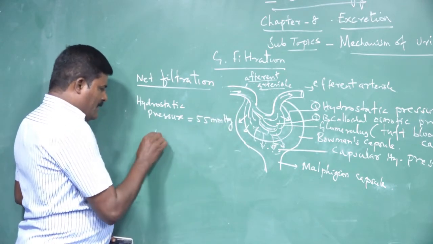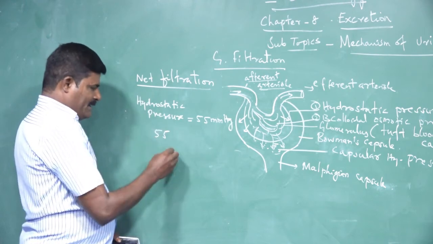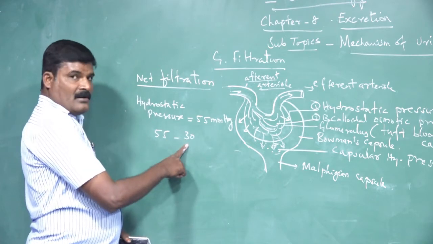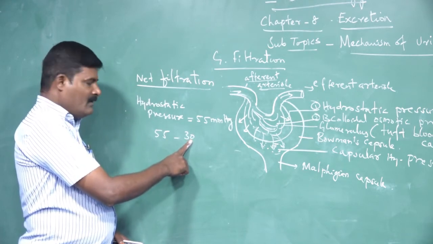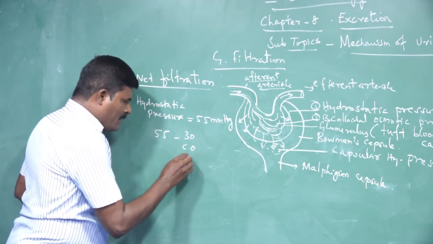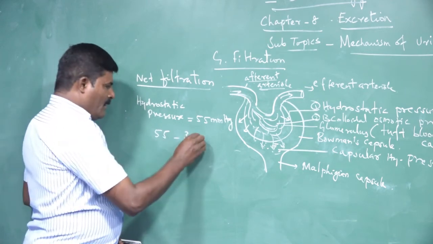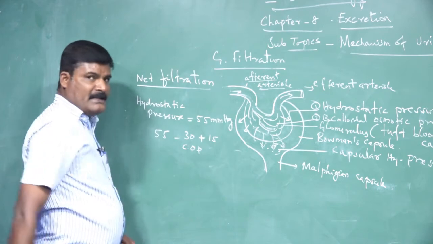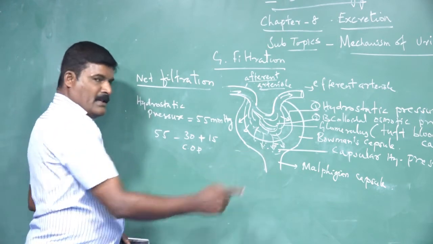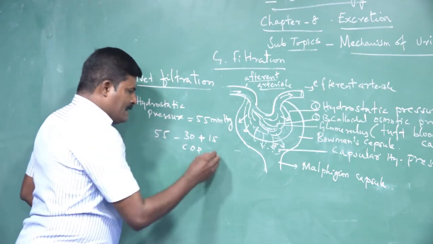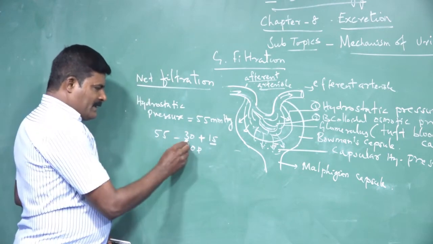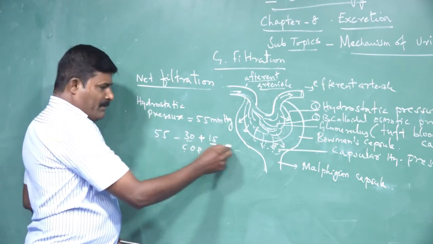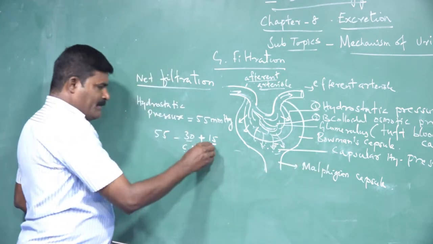From this 55, we subtract 30 mmHg, which is the colloidal osmotic pressure, plus 15 mmHg, which is the capsular pressure formed by the fluid in the Bowman's capsule. This one is the colloidal osmotic pressure, this is the hydrostatic pressure, and the remaining 15 is the capsular hydrostatic pressure.